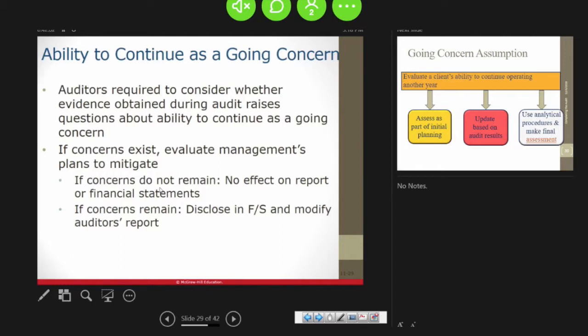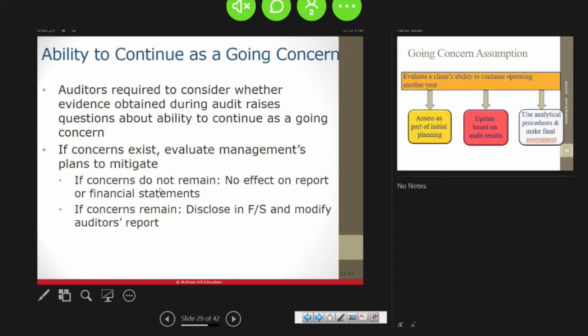So if they feel that the client has mitigated that, in other words, the client has options in place. So let's say that they're experiencing operating issues, where they're not generating enough cash flow, but the client has a process in place where maybe they've reached out to lenders and they've gotten a commitment to secure a loan.